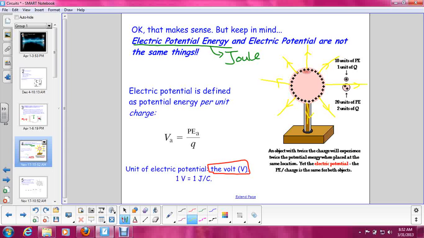Now let's imagine that we have 2 different positive test charges that we experiment with, bringing them close to this Van de Graaff. Let's look at this guy first. This is a positive charge, so it is going to want to move away from our Van de Graaff along the field lines.